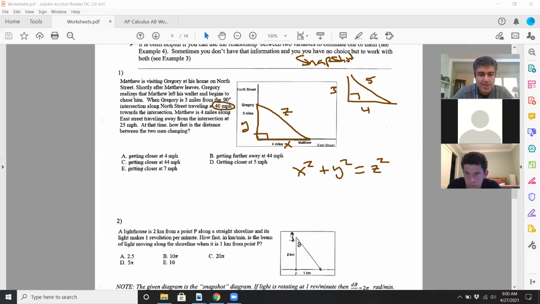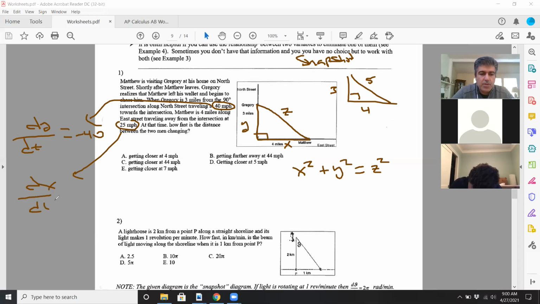So this is kind of tricky. Because Gregory's distance is y from the intersection, his rate is dy/dt as a derivative, and it's -40. For Matthew, he's gaining distance, so it's going to be a positive rate, and of course it's 25. You call it dx/dt.